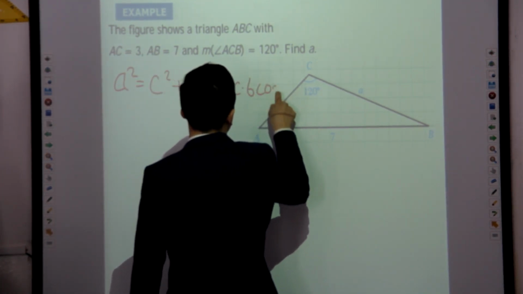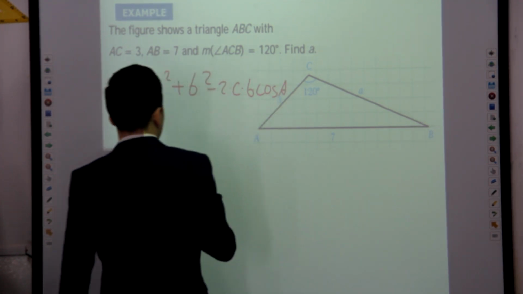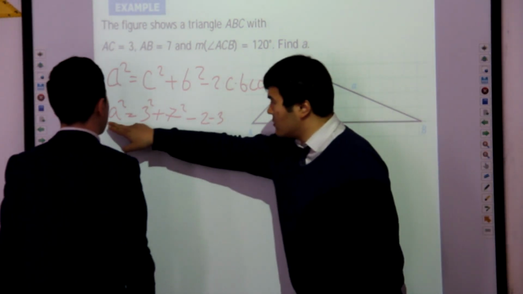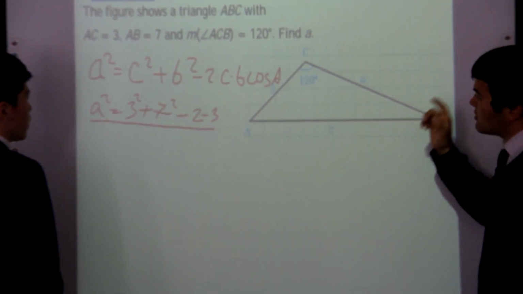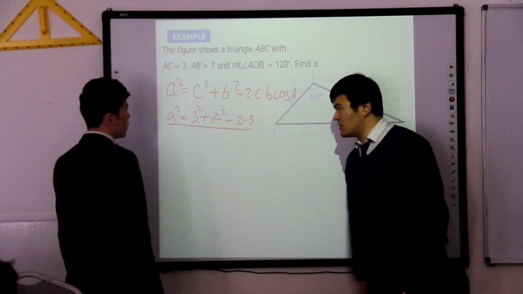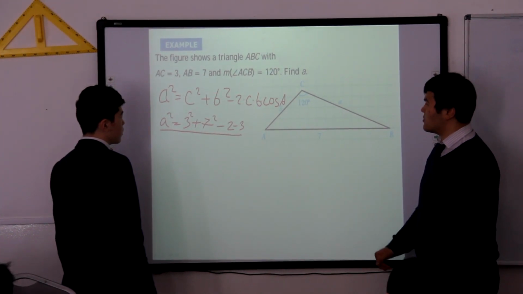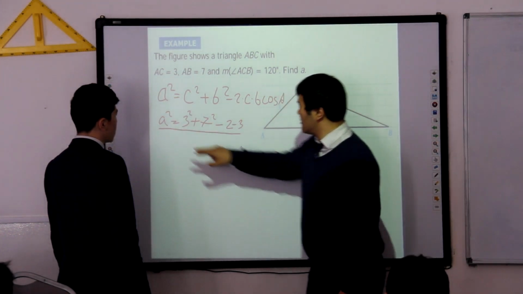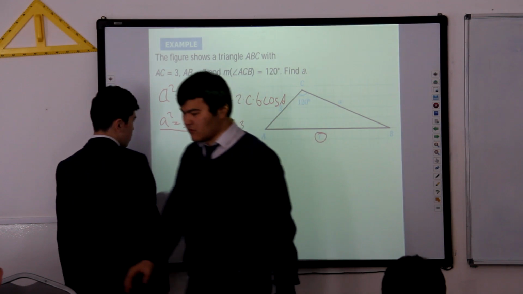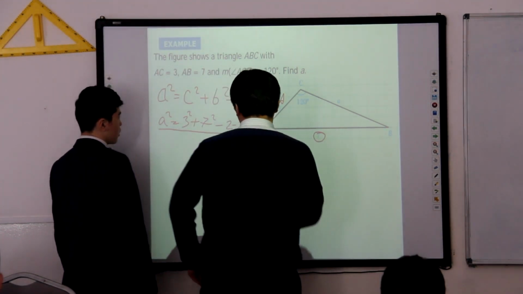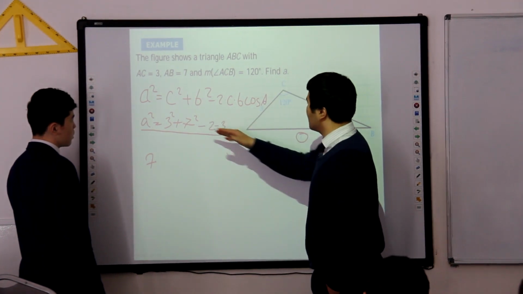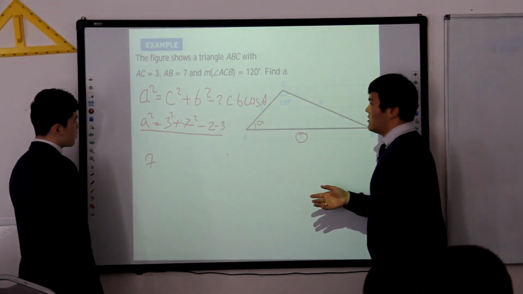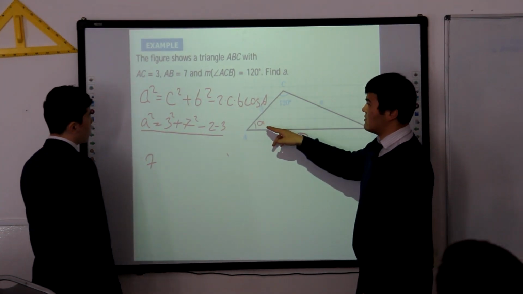Two BC times cosine A. No, that's not correct. If you want to try to find this A this way, you are going the wrong way, because here you must write this along here. If you write it this way, you must also find this angle.